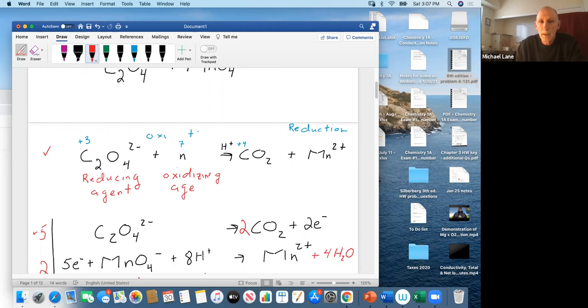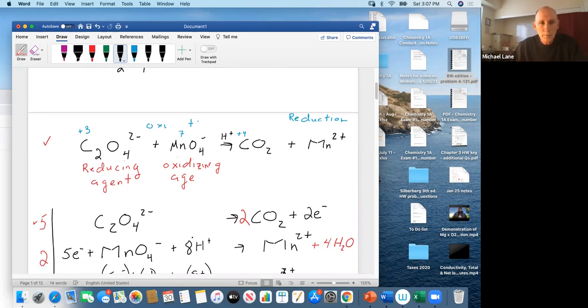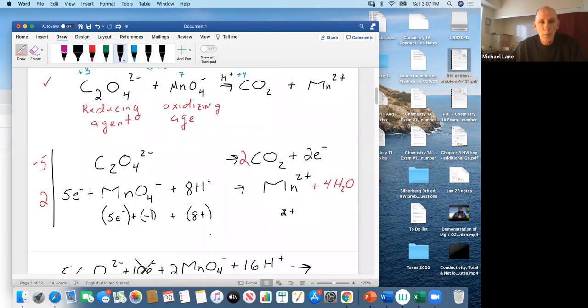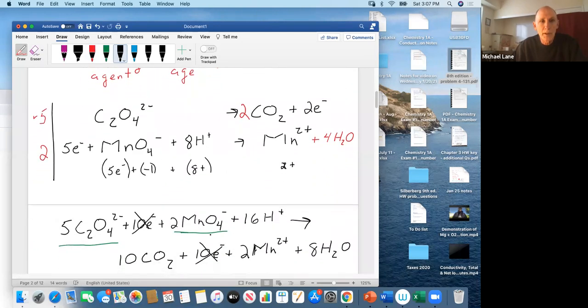Oxidation is the loss of electrons, reduction is the gain of electrons, and oxidizing agents oxidize other things, reducing agents reduce other things. So that is, again, a key element: oxidation, reduction, balancing equations, etc. This process for balancing oxidation reduction reactions.